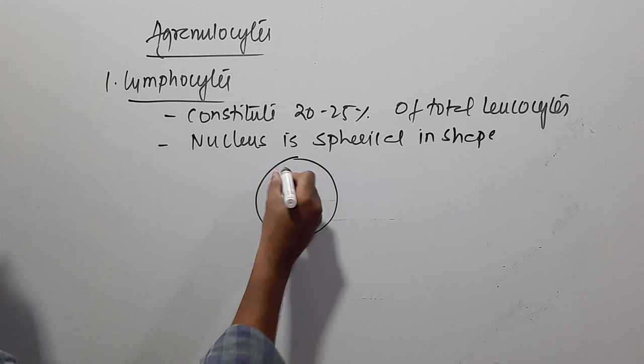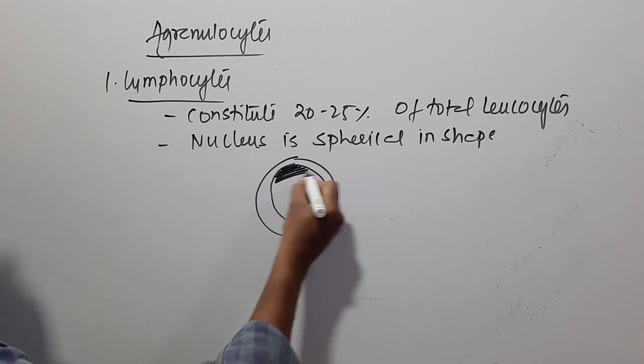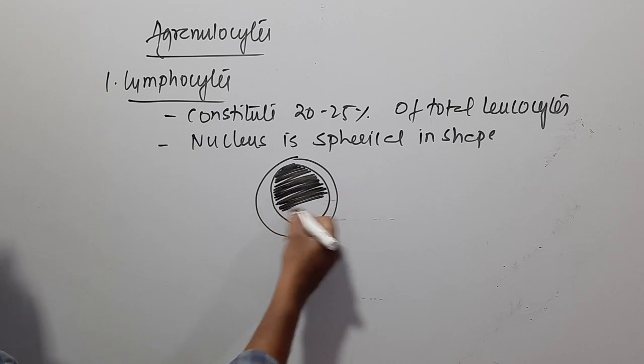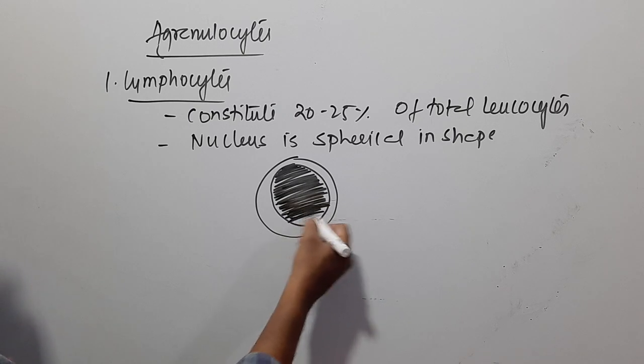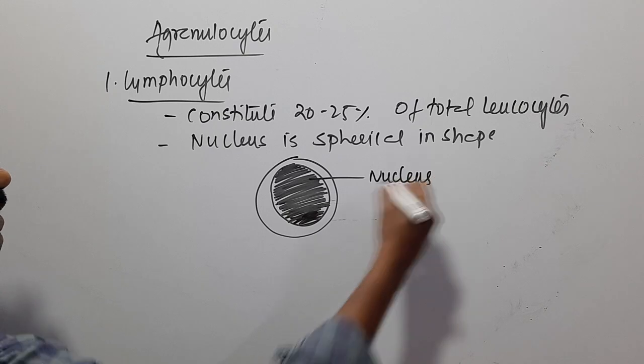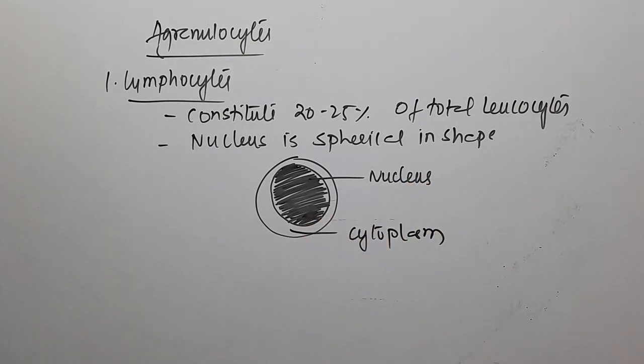So you'll see the nucleus almost round in shape. So this is the nucleus and the cytoplasm. You don't find any granules in the cytoplasm.